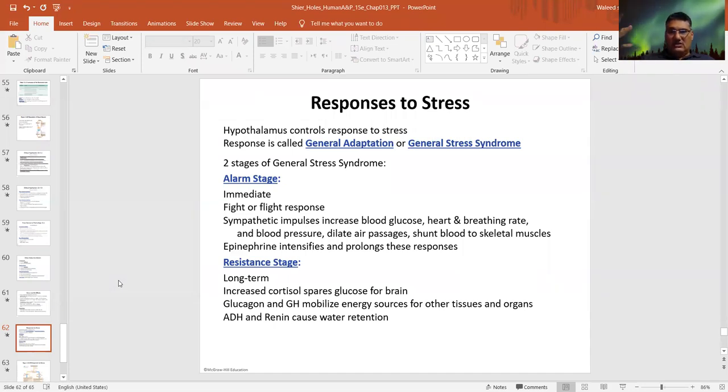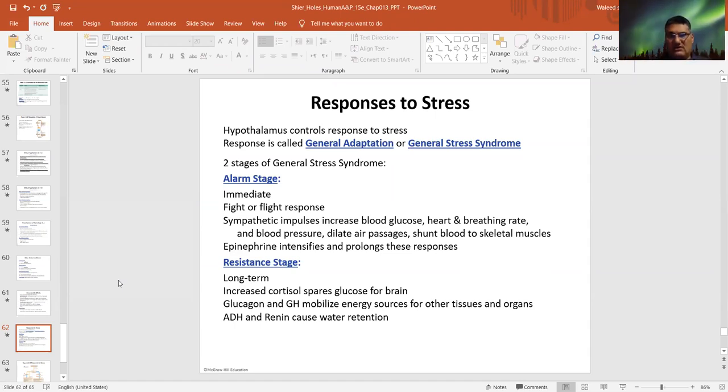In the first few minutes, you start with a stage that's called alarm phase. This is the phase that starts immediately. This is the sympathetic part, like somebody's attacking you and you're going to attack him back to defend yourself. And this is sympathetic, meaning you're fighting. Heart rate increase, respiratory rate increase, concentration increase, metabolism increase, energy increase.